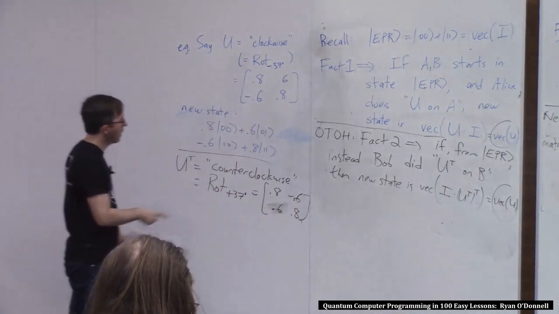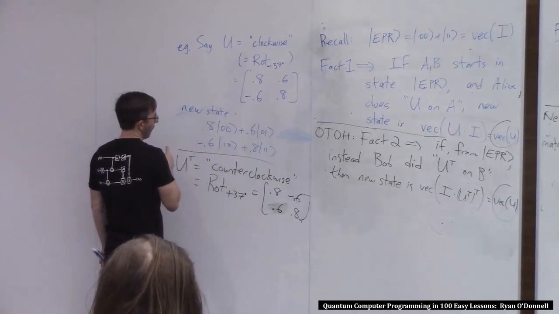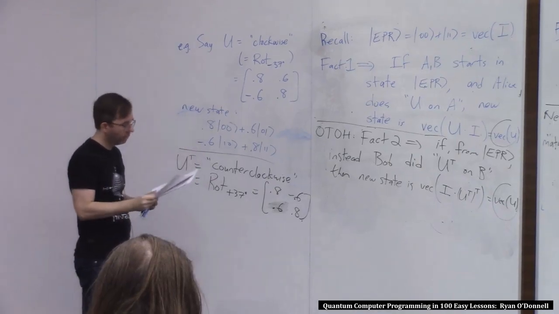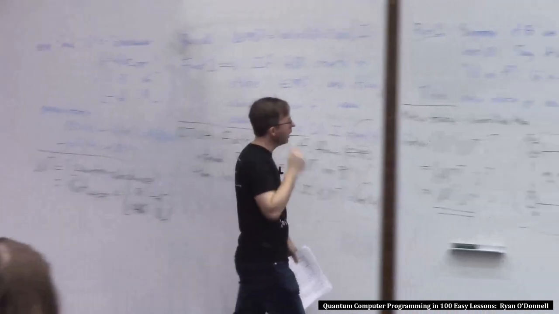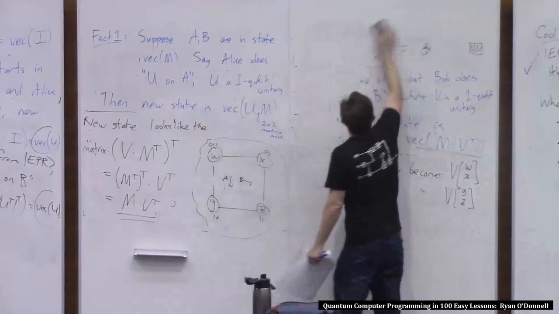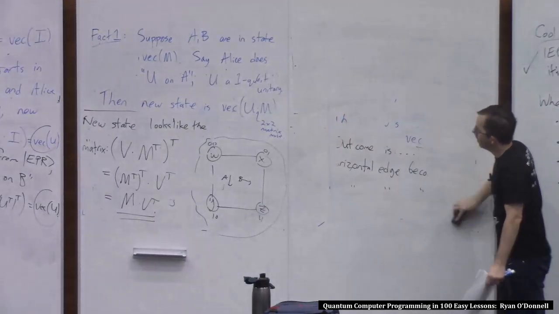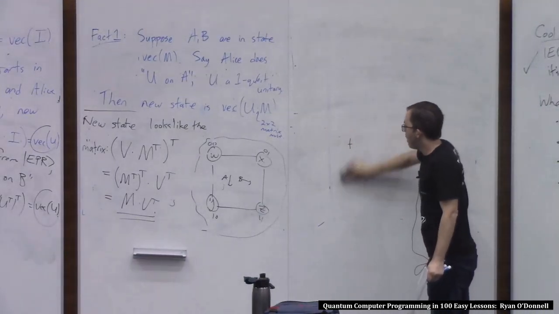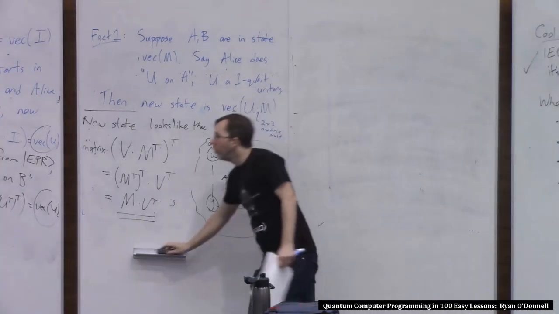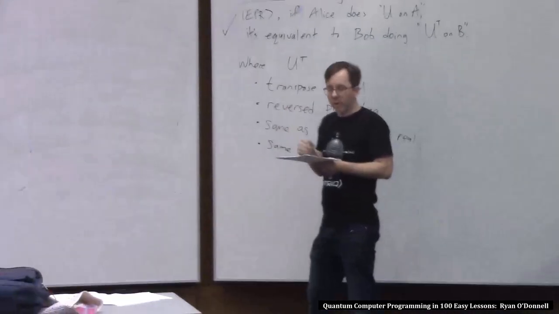And fact 2 says that if from the beginning Bob did counterclockwise on his qubit, you would also get to this state. And that's pretty neat. So it has this kind of weird effect where you could say Alice can accomplish rotating B by positive 37 degrees, remotely, by locally doing a rotation by negative 37 degrees on her qubit.